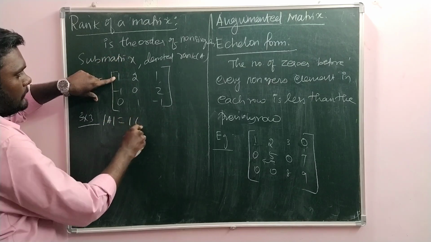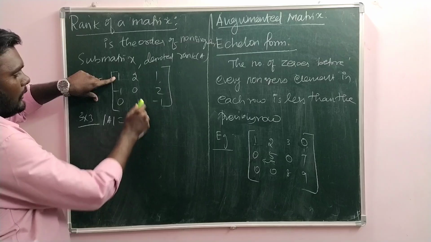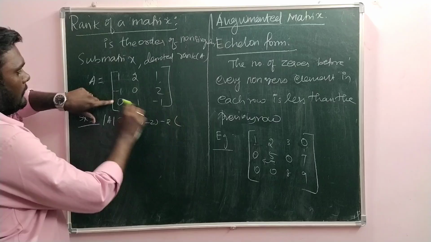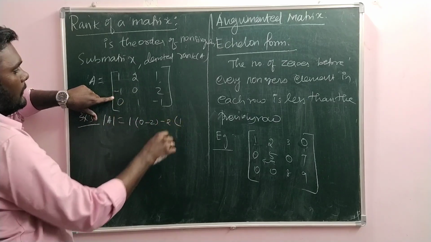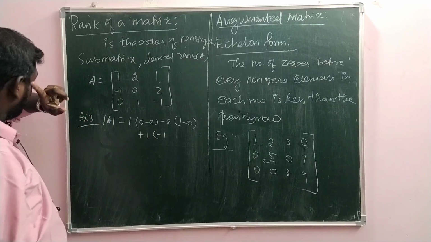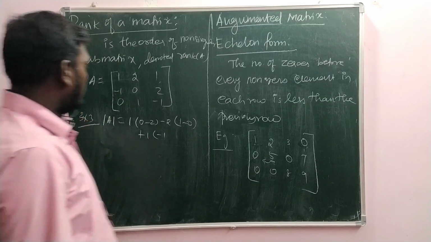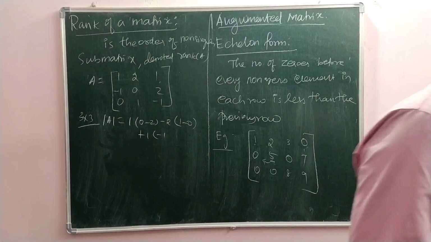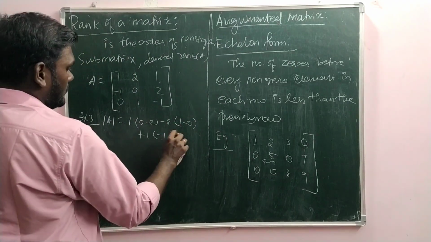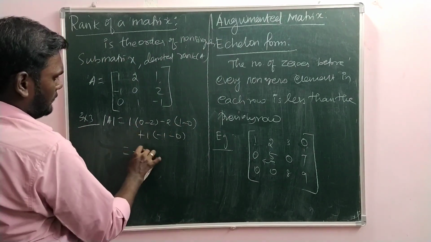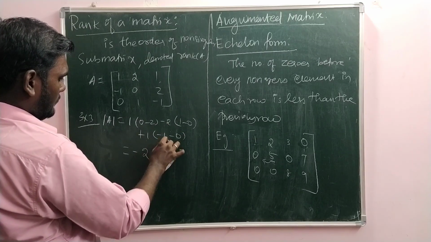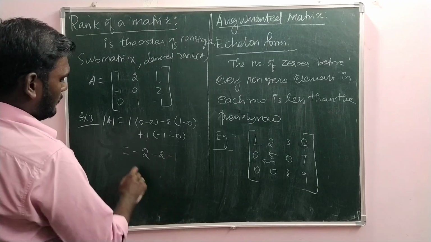If you take the determinant of this, what is it? 1 into (0 minus 2), and minus 2 into this one, minus into minus, plus 1 into this, which is minus 1.